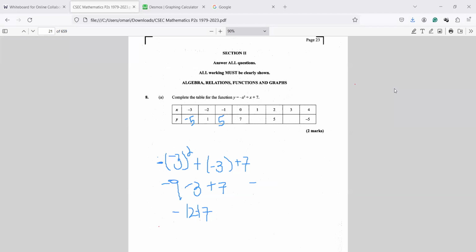This is a 7. 3, 9, -9 plus 3, that gives us -6, -6 plus 7, that gives us a +1.